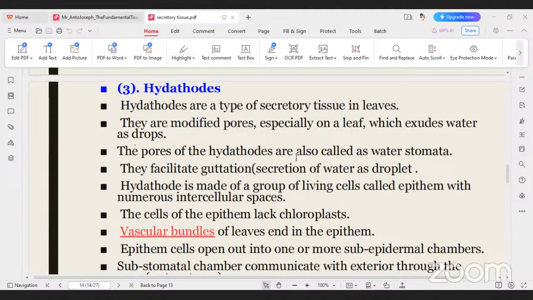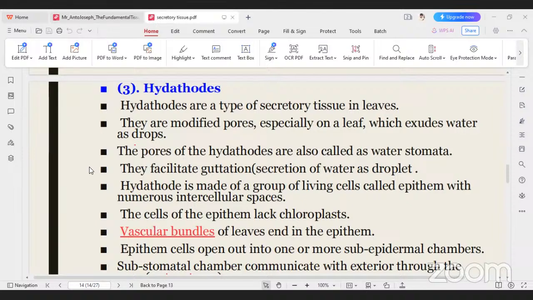The pores of hydathodes are also called water stomata. They facilitate guttation. Guttation means secretion of water as droplets. Hydathodes are made up of living cells called epithem with numerous intercellular spaces.